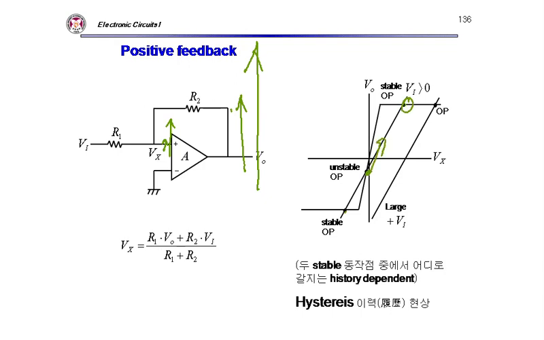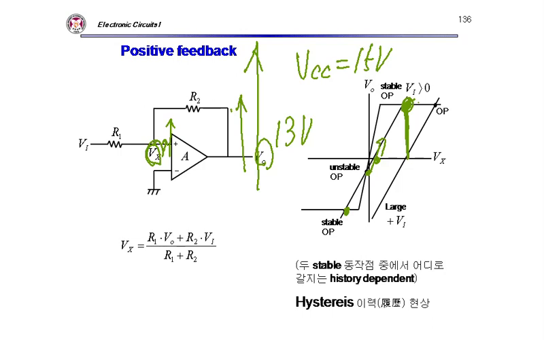Because Vx is increasing, it will go to this operating point very quickly. So I have 2 stable operating points, right? My Vx is no longer 0. At this operating point, my VO should be around 13 volt if your VCC is 15 volt. In that case, my Vx is pretty large, no longer 0.